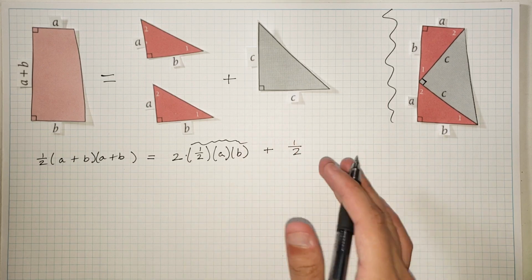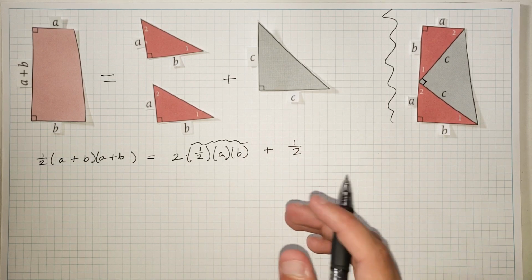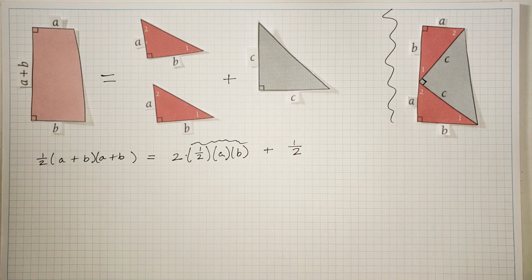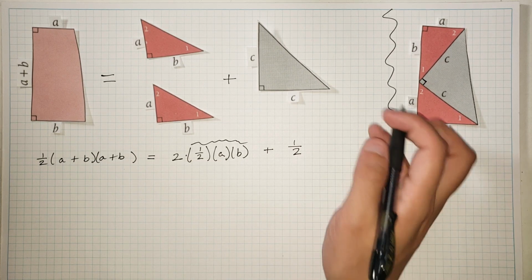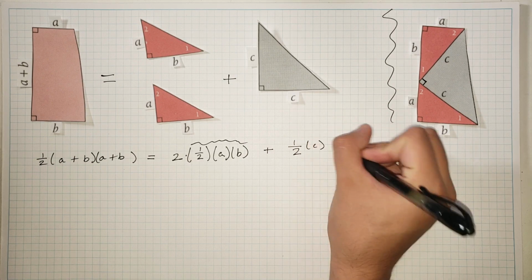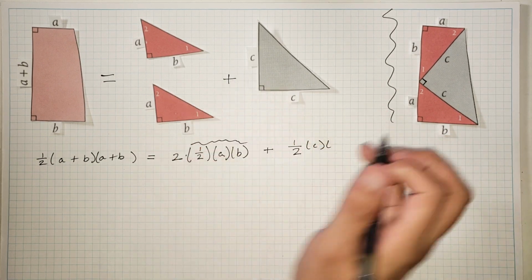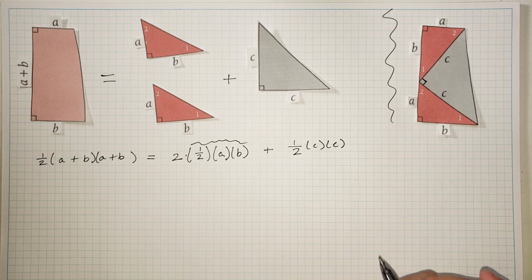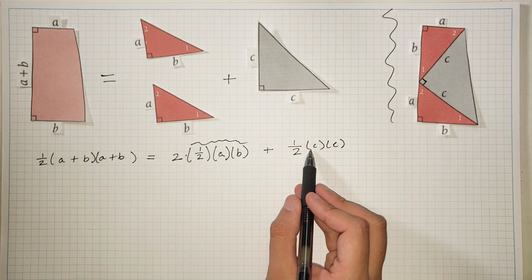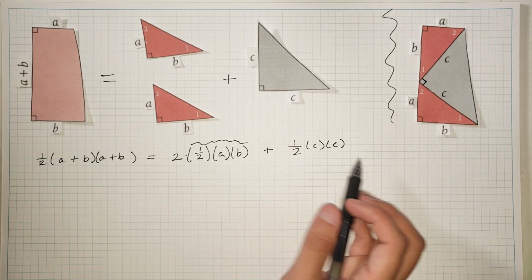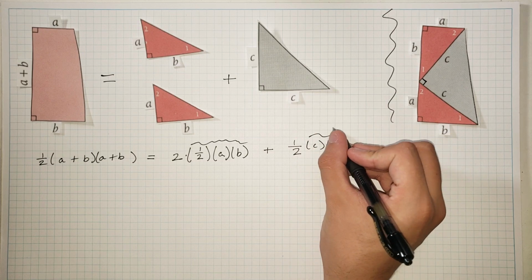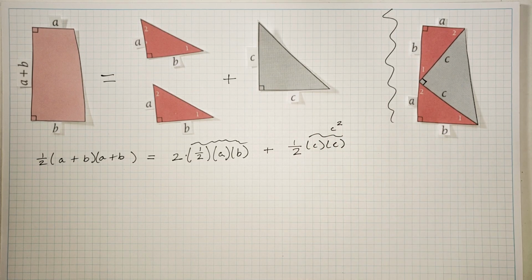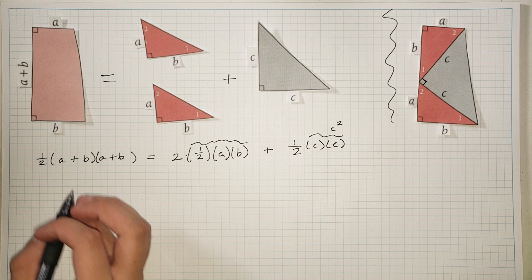Instead of C times C, remember, thing times thing, back from squares, thing times thing is thing squared. So maybe I'll write it like this first to start off. Okay, so 1/2 the base times the height. But hopefully some of you guys can already see that. You get 1/2 times C, but C times C is what? C squared.